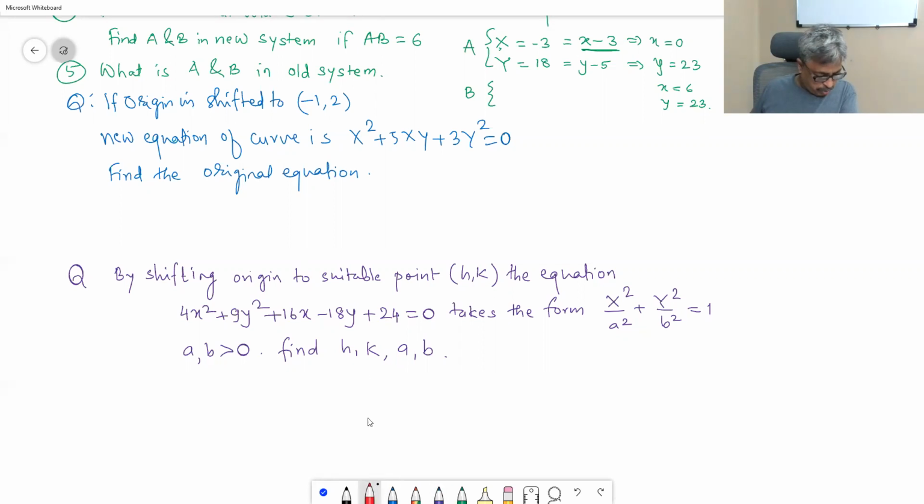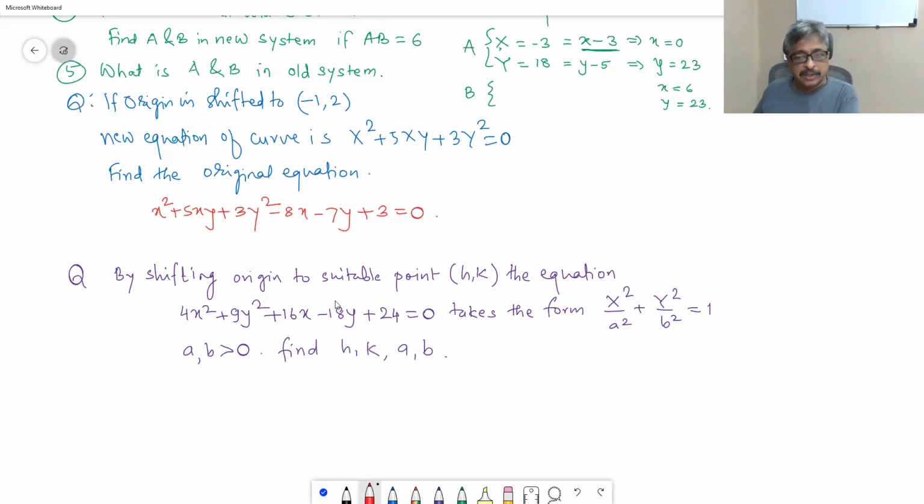The answer for this problem is x square plus 5xy plus 3y square minus 8x minus 7y plus 3 is equal to 0.